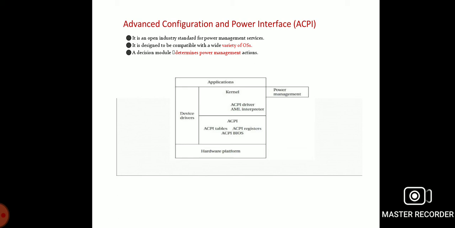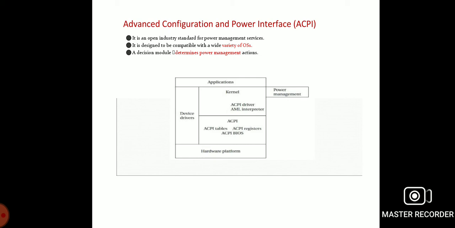S2 is a low wake-up latency state with a loss of CPU and system cache state. S3 is a low wake-up latency state in which all the system state except for main memory is lost.